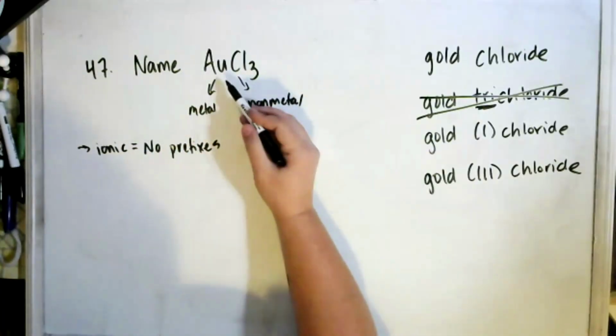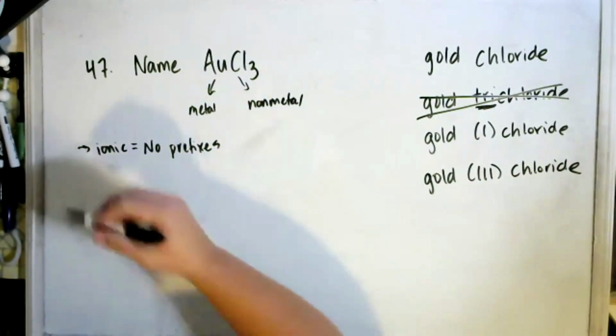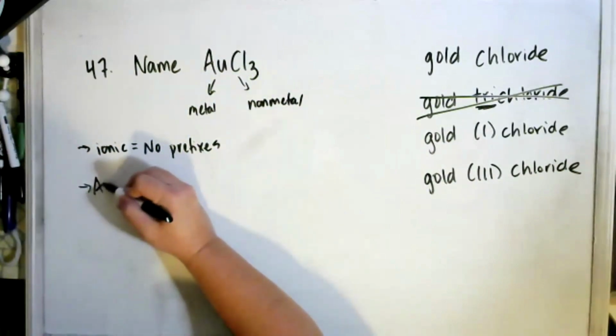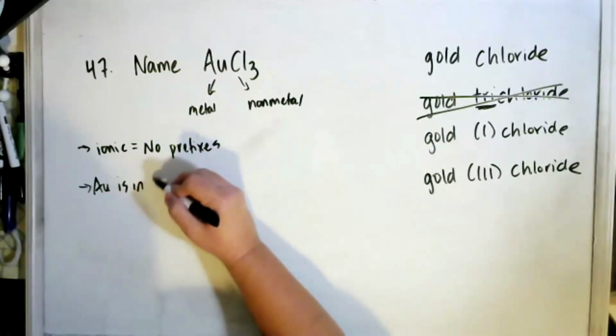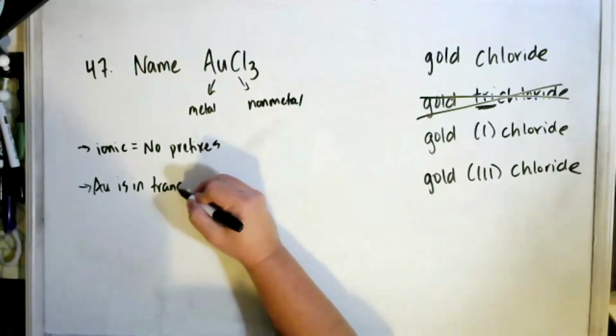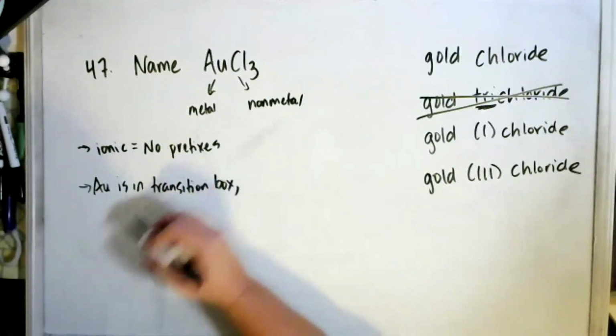Second thing, we look at gold, and now we ask, is gold a type 1 metal or a type 2 metal? Gold is in the transition box, and that is where we find the majority of our type 2 metals.